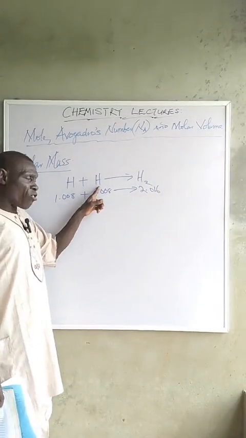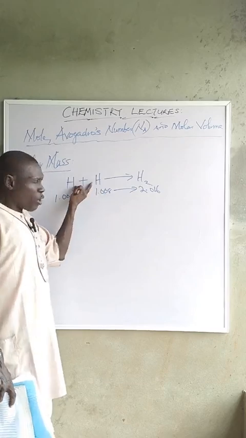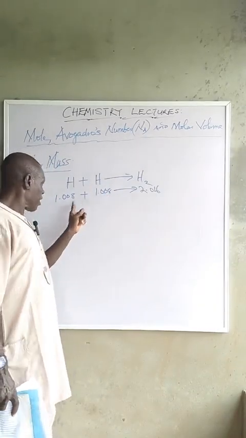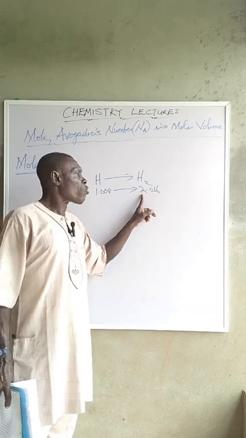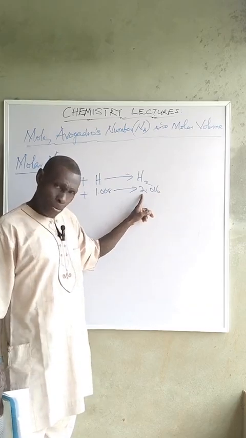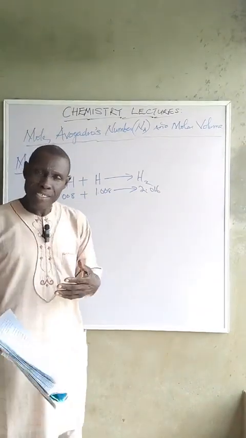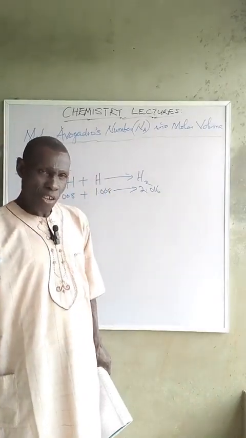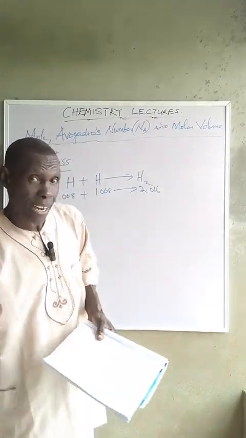And this is another hydrogen atom, so 1.008 grams. The two are combining to form a mole, which is two atoms of hydrogen. If you add these two together, you will get 2.016 grams. So the mole is now saying the amount of substance present in the relative atomic masses of all the atoms present in a given molecular formula.